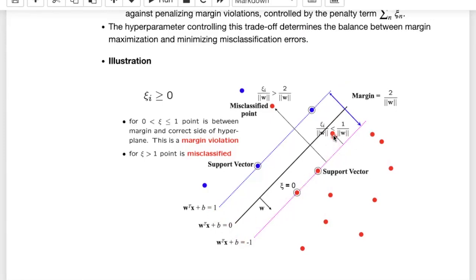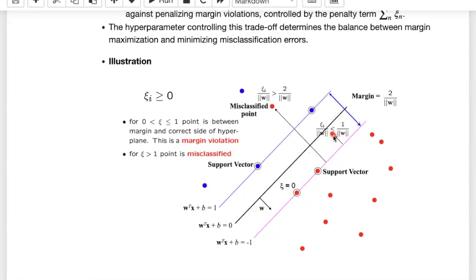This red one here is on the wrong side because it should be on the right, but it's on the left. So we know that this ξi should be greater than 0 because there's a violation. If you want to know how much it is, it's less than 1 because we haven't passed the decision boundary yet.